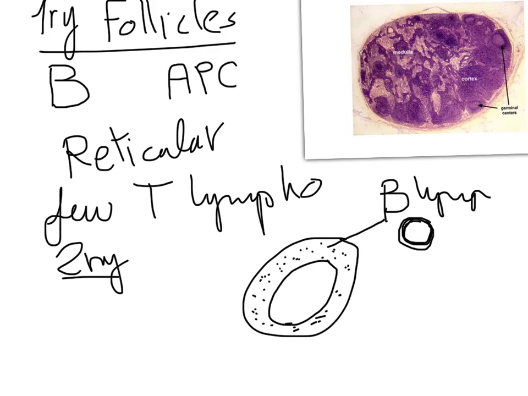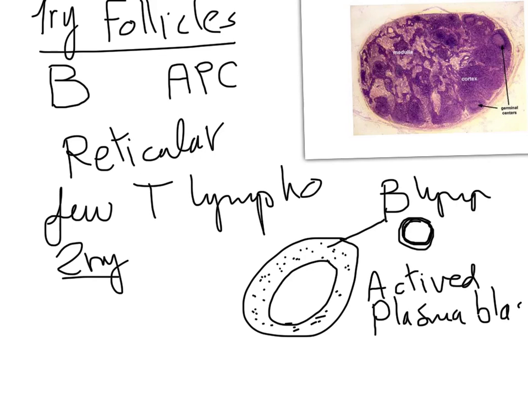You will find in the germinal center the following cells that should be studied. Number one, the activated B lymphocytes. As it is an activated cell, it has a large pale nucleus. And also their descendants, which are the plasmablast, which will form the plasma cell.